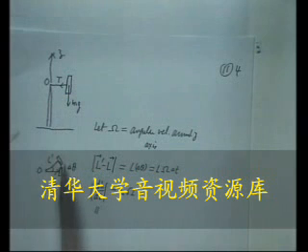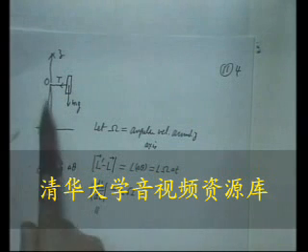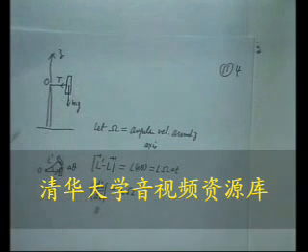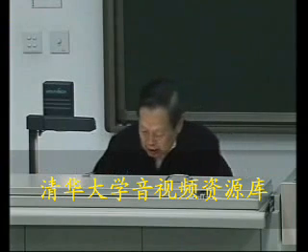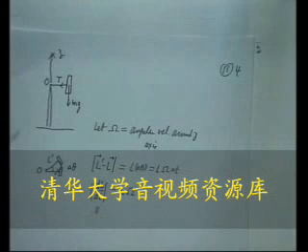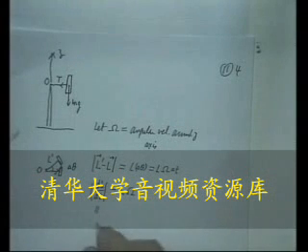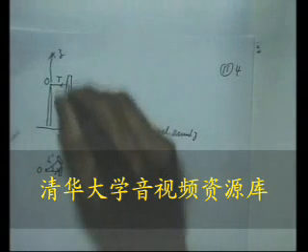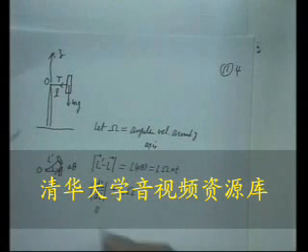Now R is along this direction. Mg is downwards. So R cross mg goes here into the paper. And that means it's exactly in this direction. So the magnitude of this is equal to, suppose this length is L, then it's equal to L times mg, right?